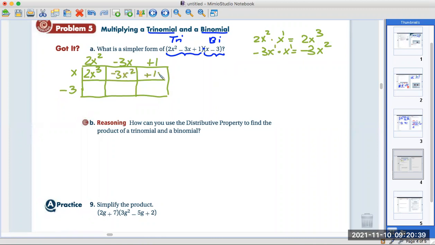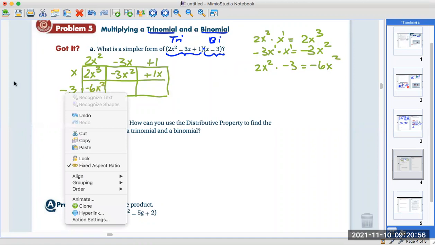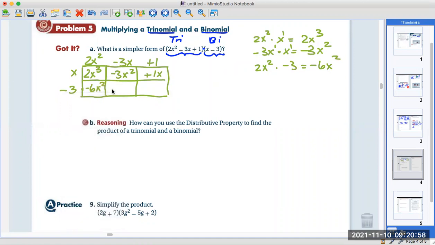Plus 1x. Down here, 2x squared times negative 3 is negative 6x squared. Go up and over, negative 3x times negative 3, a negative times a negative is positive 9x. And last one, 1 times negative 3 is negative 3.